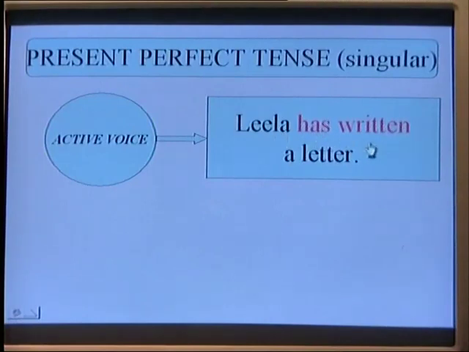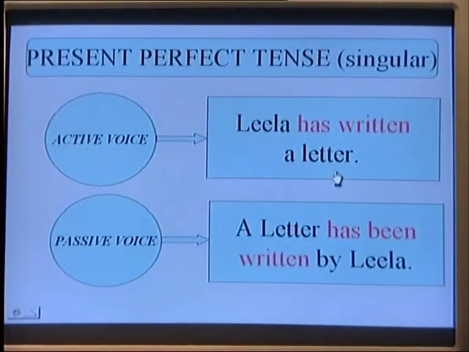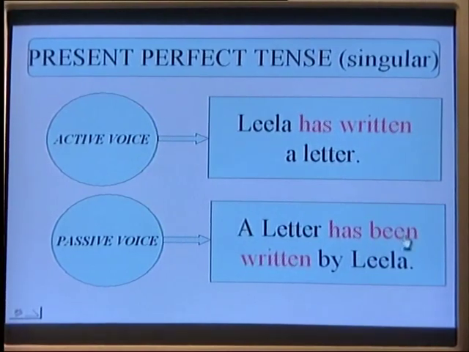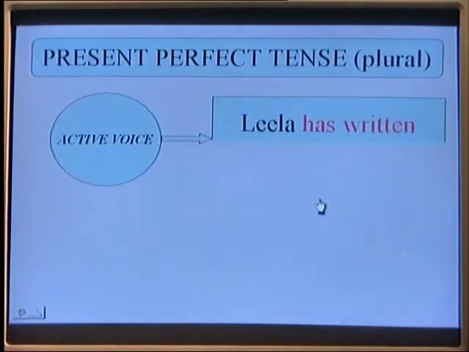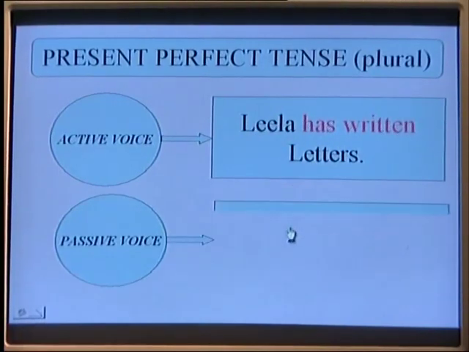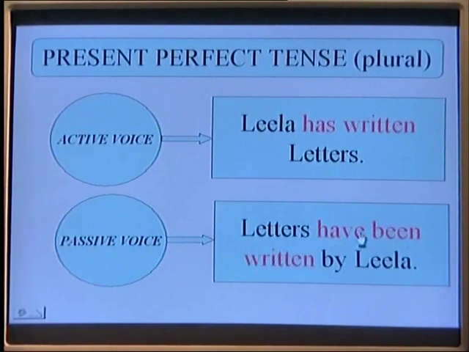Leela has written a letter. Has written, perfect tense. Has written becomes what? A letter has been written. In perfect tense, I said already that we use been. Has written becomes has been written. Leela has written letters. Letters have been written by Leela.